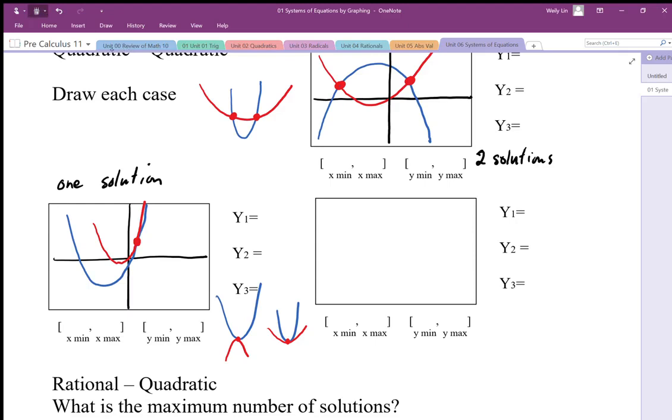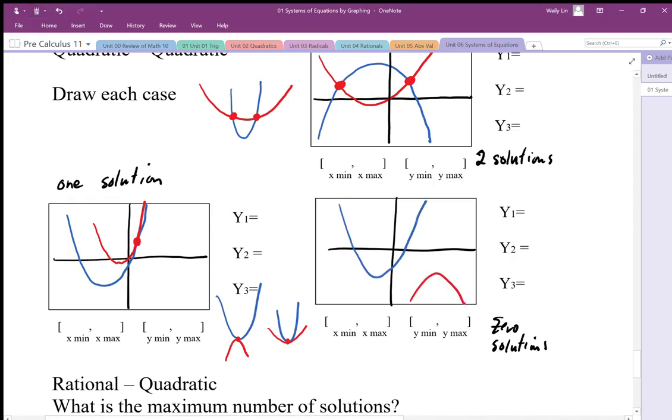And then we have the zero solution case. Okay, it is possible to have zero solutions. A zero solution case would be a parabola that's shaped like this, and another parabola that's going in the opposite direction. That would be a zero solution.